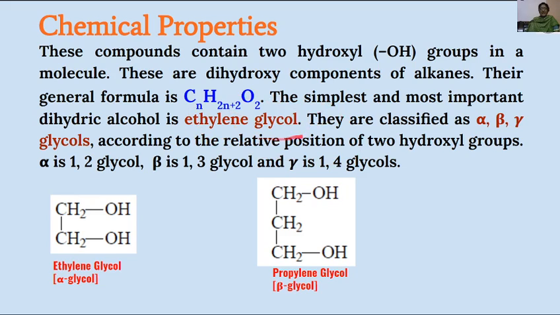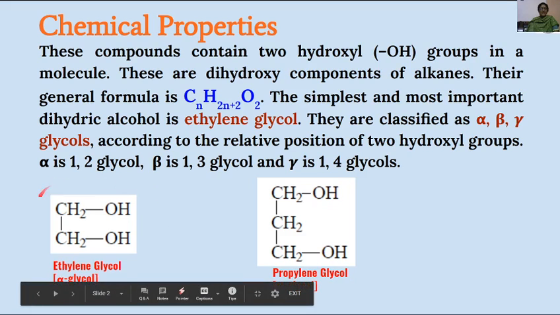Glycols are classified as alpha, beta, gamma glycols according to the relative position of the two hydroxyl groups. Alpha is referred to as 1,2-glycol, beta is referred to as 1,3-glycol, and gamma is referred to as 1,4-glycol.